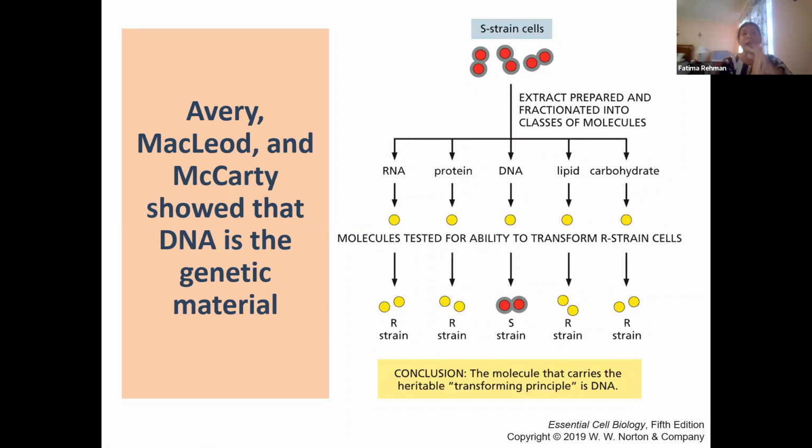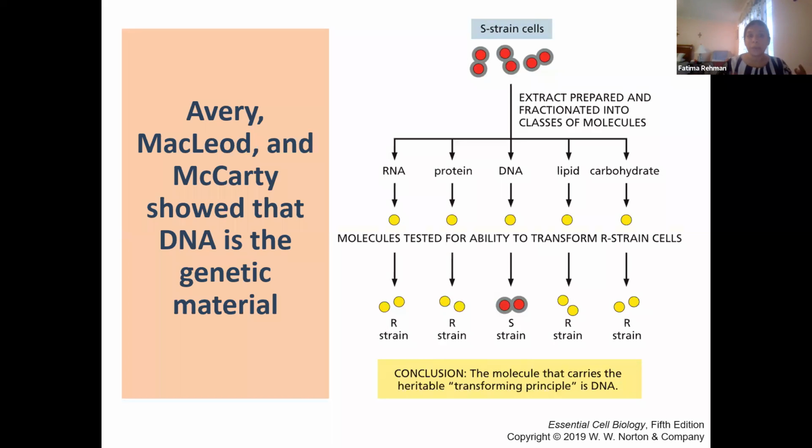Now, next, we had multiple groups that started to focus more on this to verify that yes, it has to be something other than protein that is acting as the genetic material. So Avery, MacLeod, and McCarty were the ones doing these experiments.